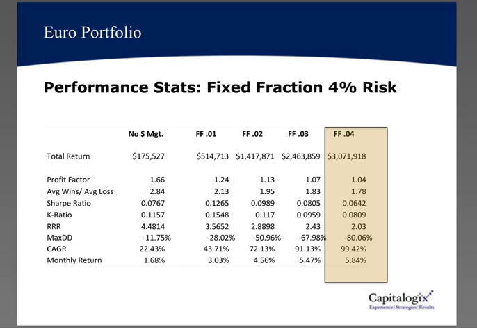CAGR, wow, well, that's the only thing I ever look at. Well, again, you could be making 99, call it 100% on a compounding annual growth rate, and almost 6% for the month, but the drawdown's 80%.